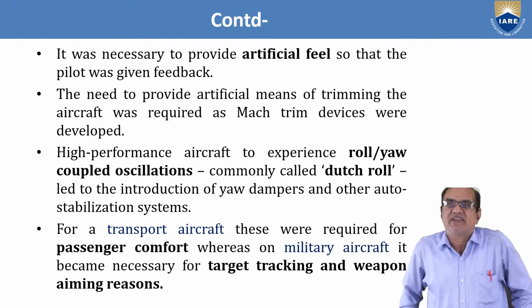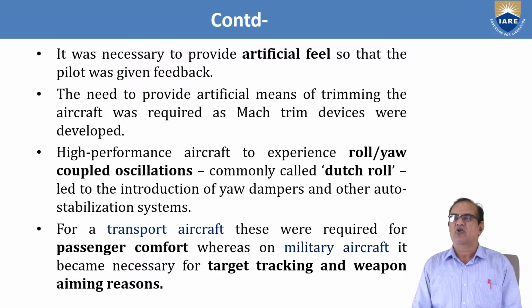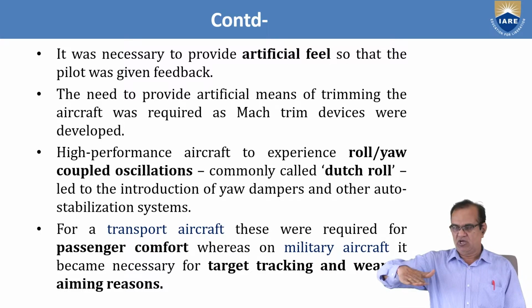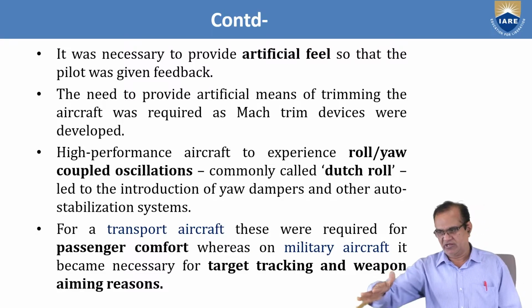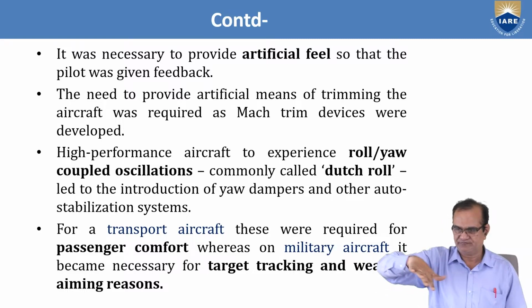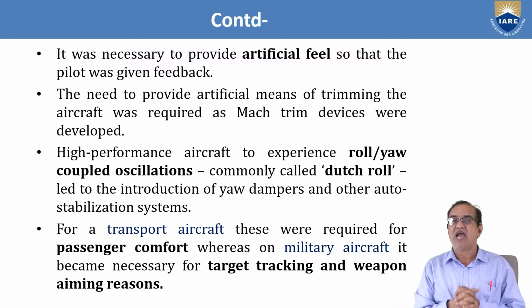So in high speed aircraft, the roll and yaw coupled oscillation means rolling and yawing. This is called Dutch roll, like this. Dutch roll. So high performance aircraft experiencing roll, yaw coupled oscillation, commonly called the Dutch roll, led to the introduction of yaw damper and other auto stabilizing system.